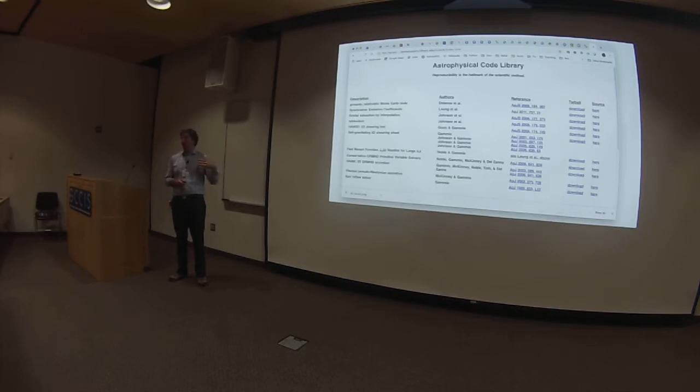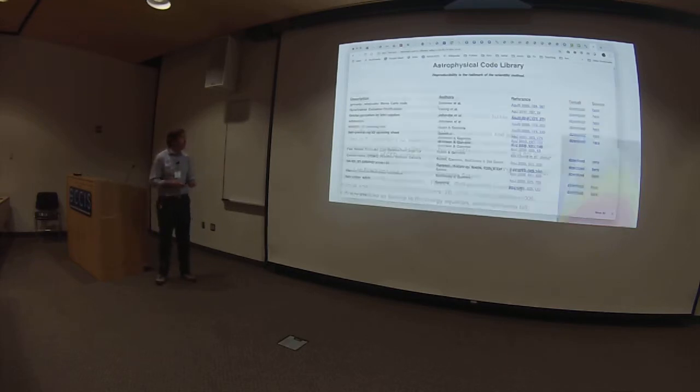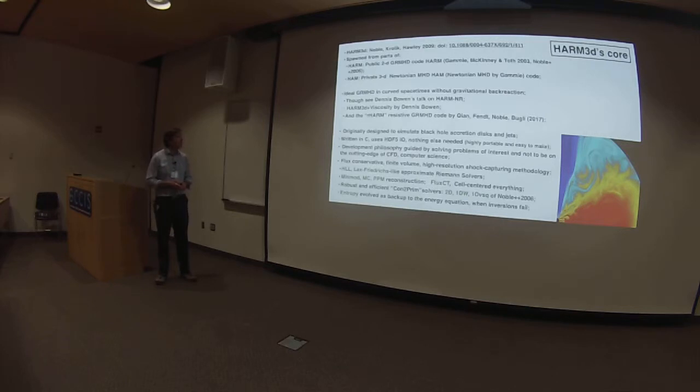And I've certainly not necessarily carried that torch, but I would like to maybe go into the fold more in the future. So basically, Harm3D came from the 2D version of Harm and also a 3D version of a Newtonian code called Ham that Charles wrote. So using those two codes, I developed a new code that had HDF5 support, parallelism, and numerous other tricks folded in. Something we added was PPM support.